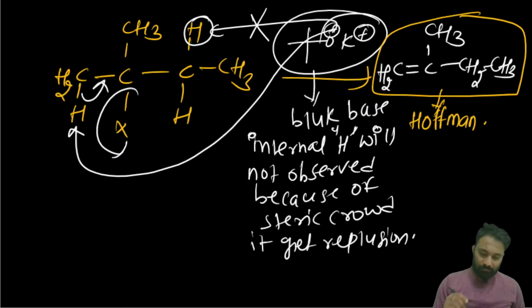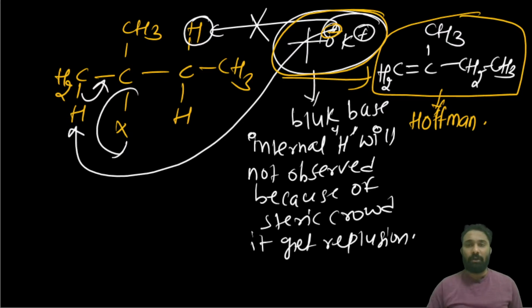Done. Next, if they have taken a bulky base, the bulky base will take the hydrogen from the internal end only. Why? Because if it wants to take the hydrogen from the internal carbon, this bulky group and this CH3 will be repelled by each other.